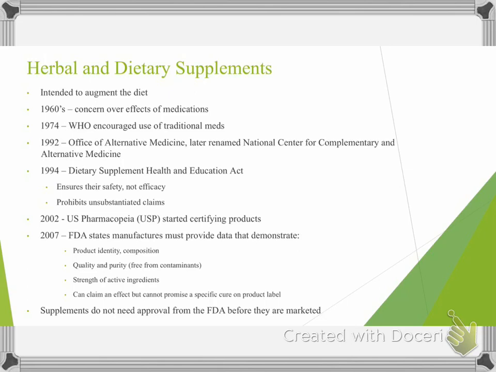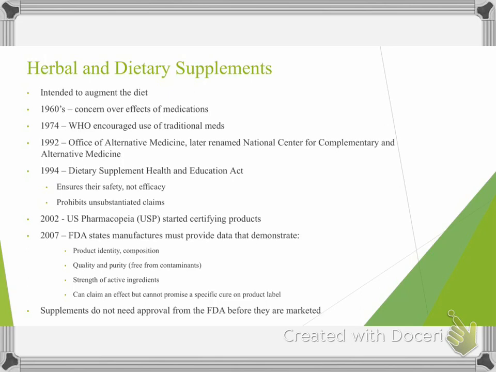So it started in the 1960s. There was concern over effects of medications, so patients didn't want to take so many medications. They were like, "I don't want to take a med." They started moving toward herbal things. And so in 1974, the World Health Organization encouraged the use of traditional medications. They said, no, you guys really need to do the medications that we've said are effective and said are safe.